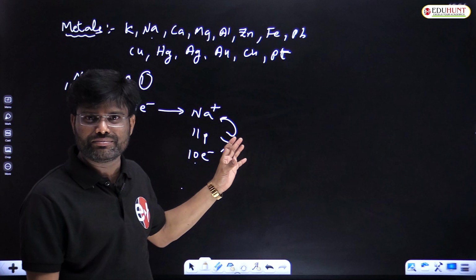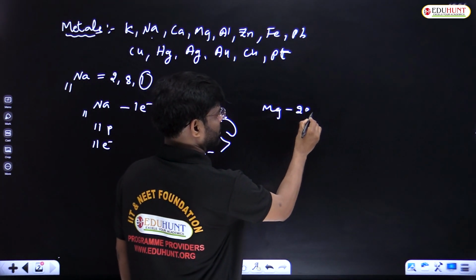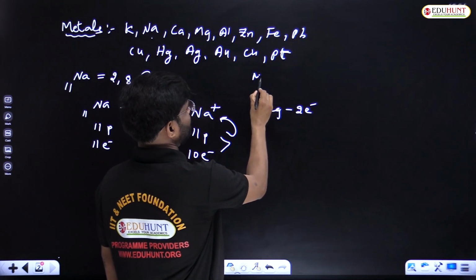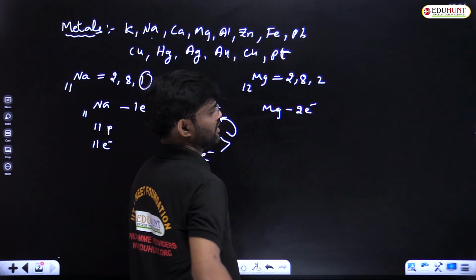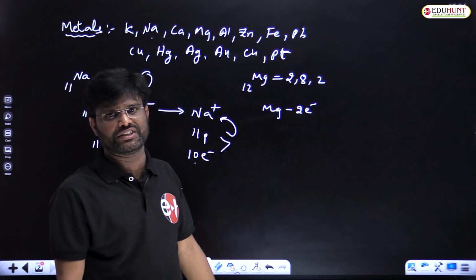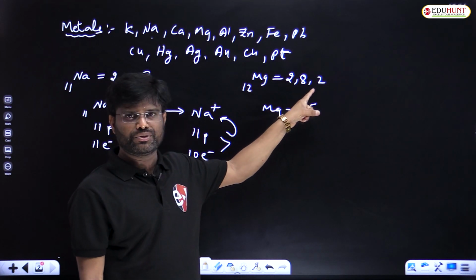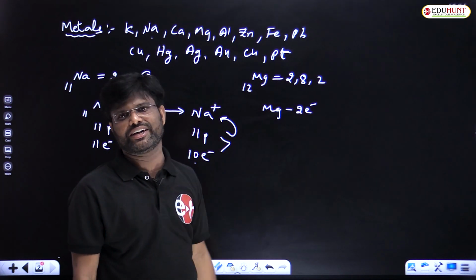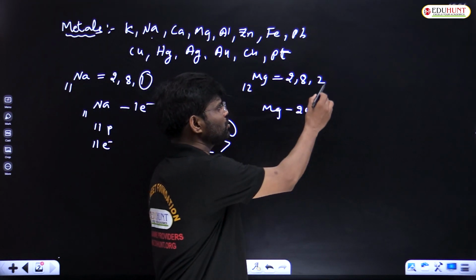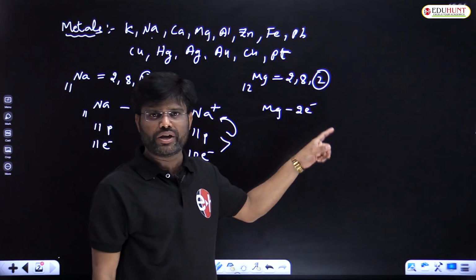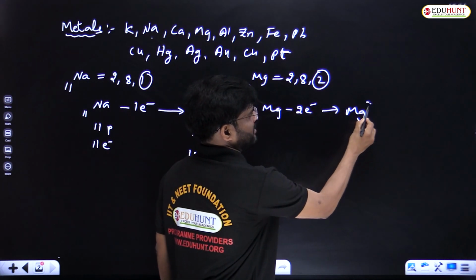Now the second example, magnesium. Magnesium loses 2 electrons because magnesium has atomic number 12 and electronic configuration 2, 8, 2. This is the shell method of electronic configuration; sodium is 2, 8, 1 and magnesium is 2, 8, 2. In the outermost shell 2 electrons are present, so it loses 2 electrons and forms Mg 2 plus.